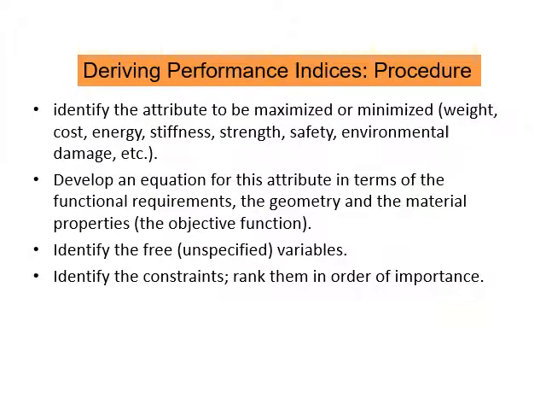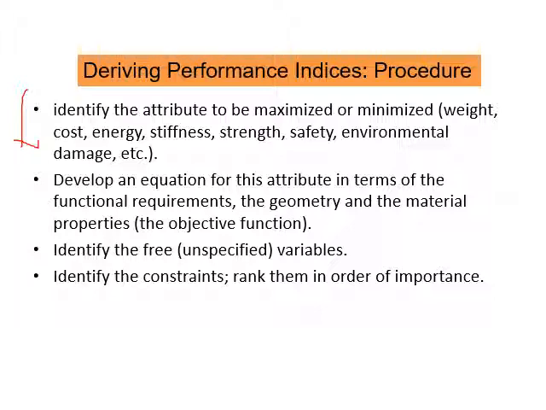In order to derive performance indices, you can see the procedure as below. First is to identify the attribute to be maximized or minimized. For example, minimize weight, minimize cost, minimize energy, maximize stiffness, maximize strength, maximize safety, and also minimize environmental damage.